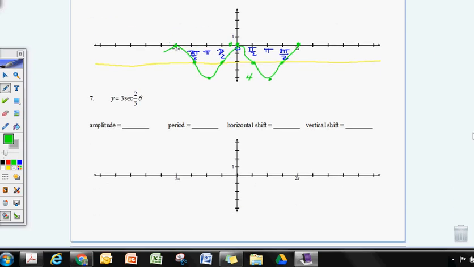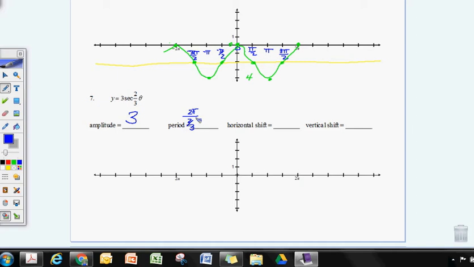And finally, with this last one, nothing to be factored out, there's nothing hooked onto it. My amplitude is 3, my period is 2 pi, and it would actually be divided by 2 over 3, or multiplied by 3 over 2.